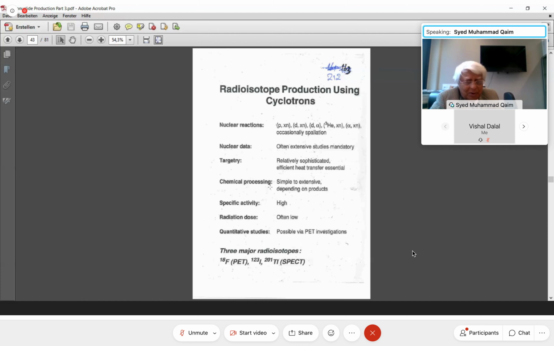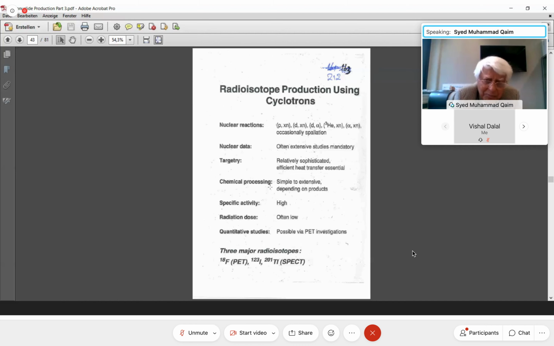And if you separate the product, then the specific activity becomes high. Radiation dose is often low because cyclotron products are often electron capture emitters, or positron emitters, and radiation dose is low. But in reactor, beta minus emission gives a high dose. How about studies? SPECT is not quantitative.